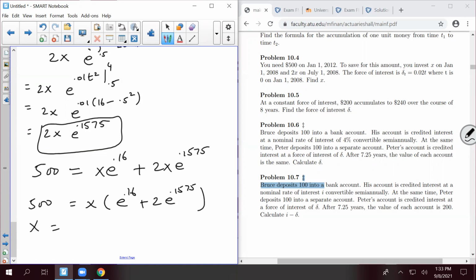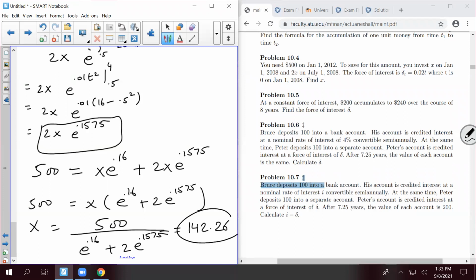And then you can put it all in one stroke in the calculator. You do 500 divided by e to the 0.16 plus 2e to the 0.1575. And you know that when you put it in the calculator, you need a bunch of parentheses, one around the whole denominator, one around the power of each exponential. So what do we get in the end for X? I got 142.26. 142.26. Makes sense.